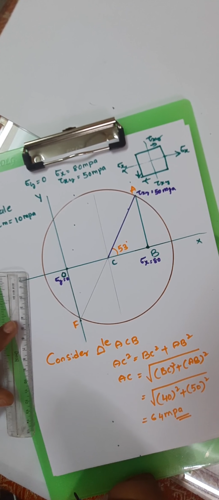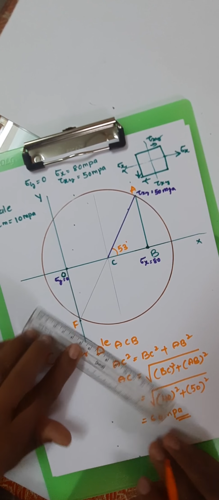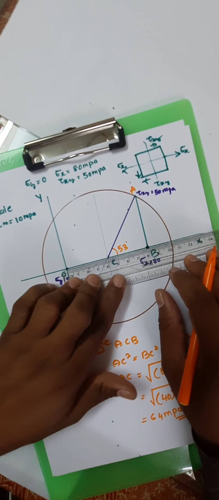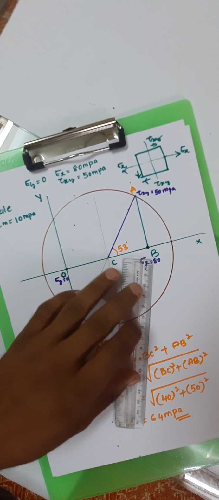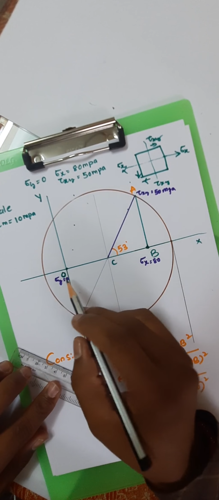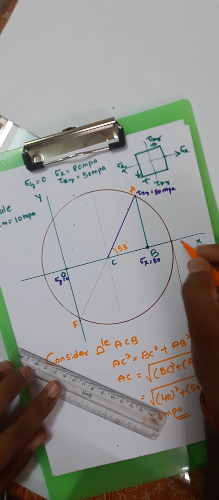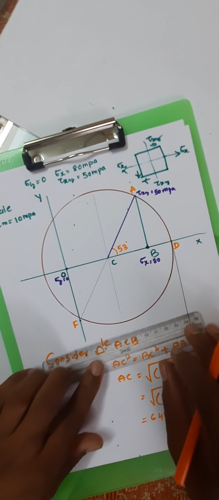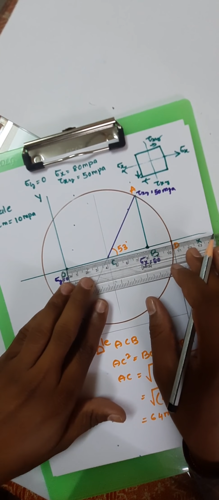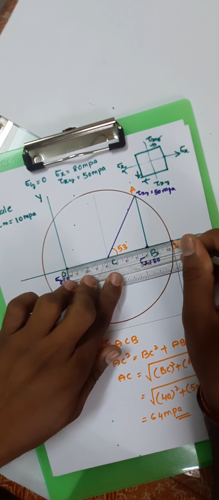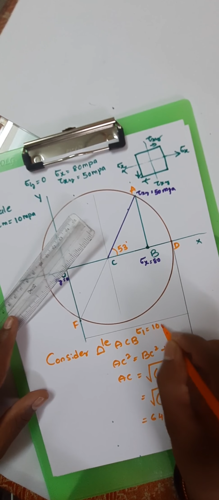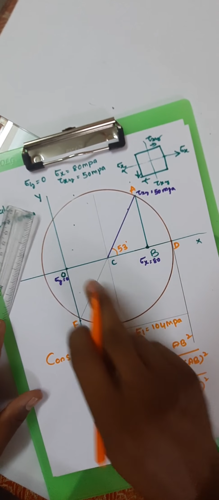We find the value for sigma 1: consider this point as D, and measure the distance between O and D, which is 104. Sigma 1 is equal to 104 MPa.